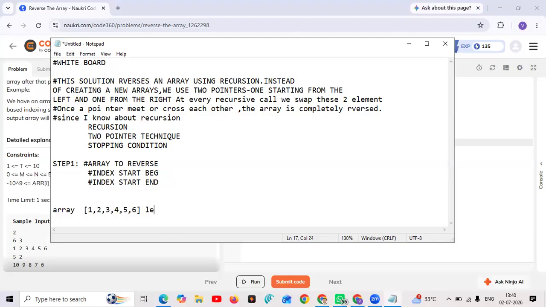So left is 0 and right is 4. Since indexing starts from 0, that is the reason we took it, and you can count also: 0, 1, 2, 3, 4. Initially left is 0, right is 4.